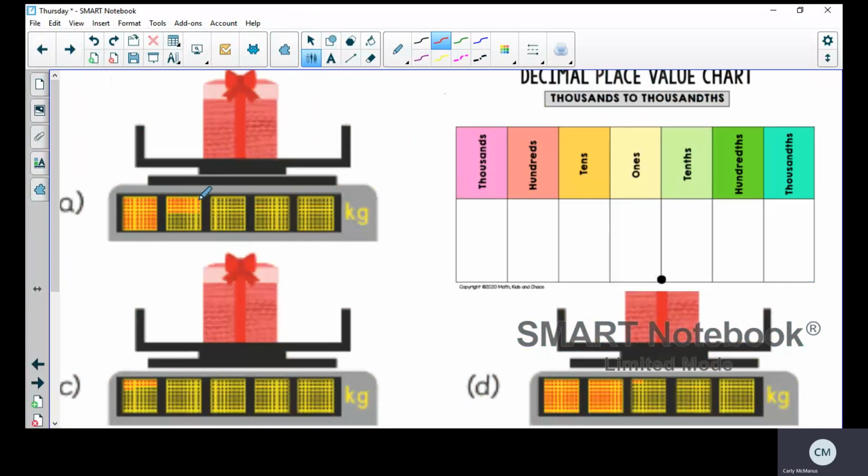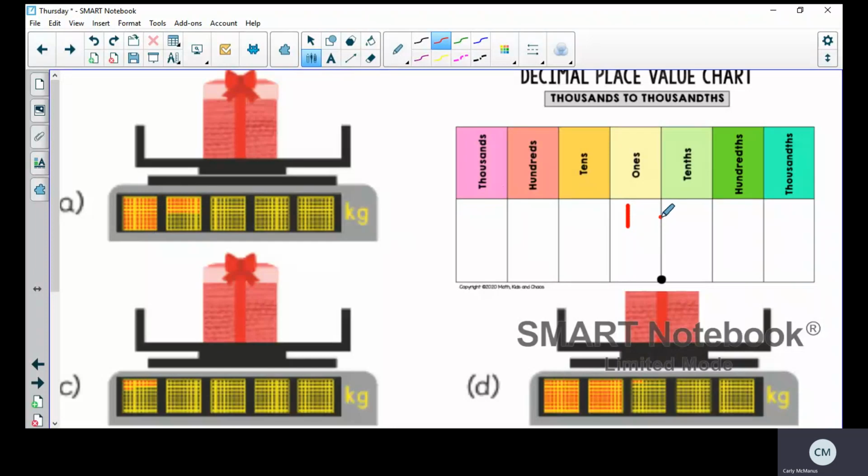So each one of these lines represents a tenth because there's 10 parts to it. If you count 1, 2, 3, 4, 5, 6, 7, 8, 9, 10. So each one of these lines is a tenth, and each one on its own is 100th. So I've got 1 whole here. This doesn't represent a whole because not all of it's shaded in. So I've got 1 whole that goes in my ones column.